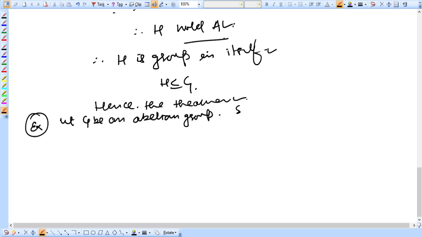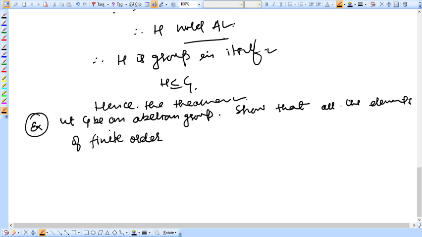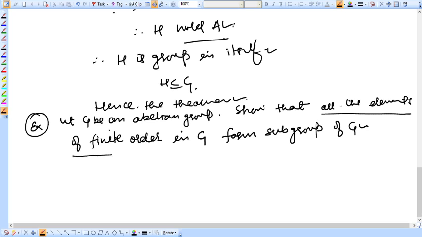Then show that all the elements of finite order in G form a subgroup of G. So see how we are going to prove this.